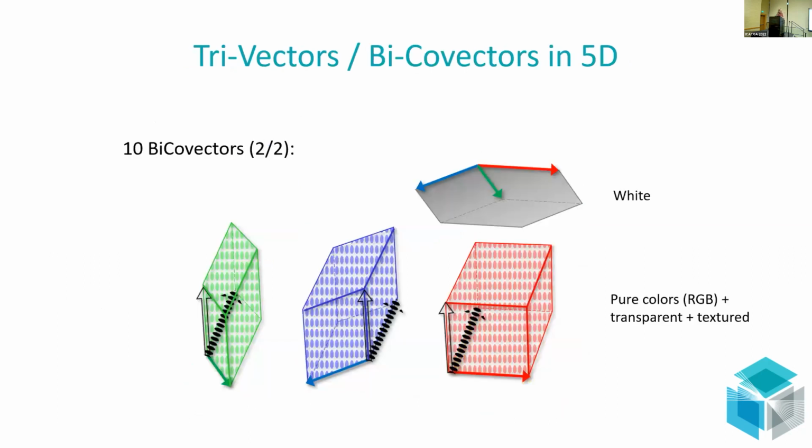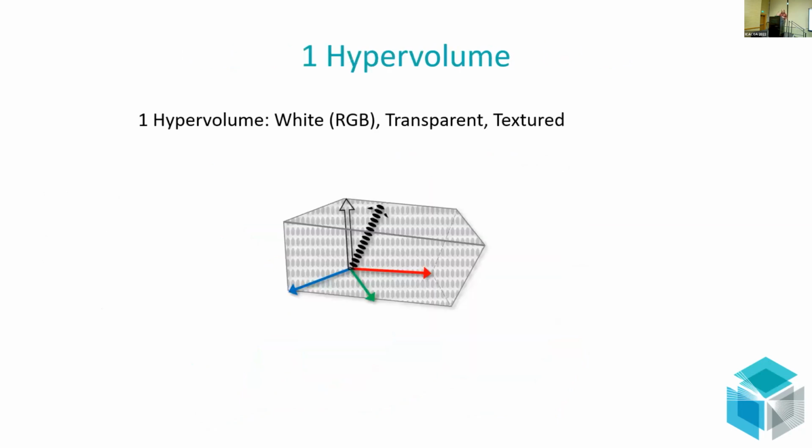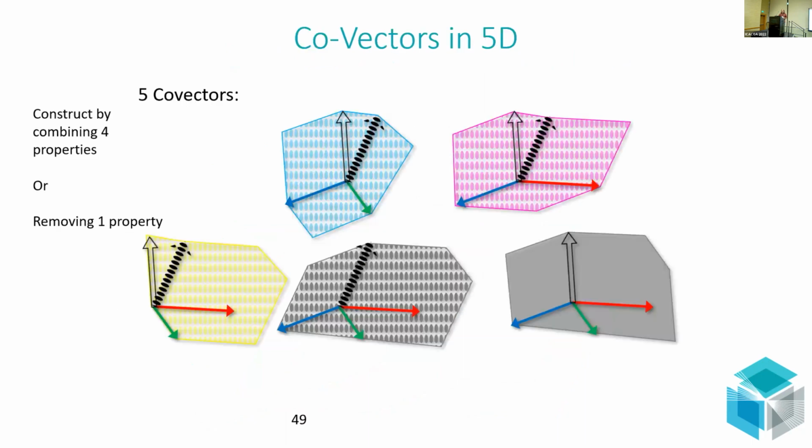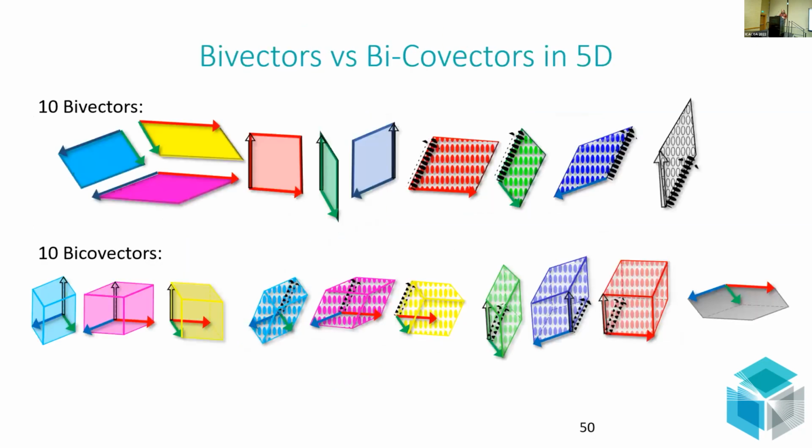Or we have a white, non-textured, non-transparent one, and pure colors which are transparent and textured. This gives a set of bi-covectors. And the last object, the full one, would be the hypervolume, which is white, transparent, and textured, with all 5 properties. So we have 5 covectors, which we can construct by combining 4 properties or removing 1 property from a full volume.